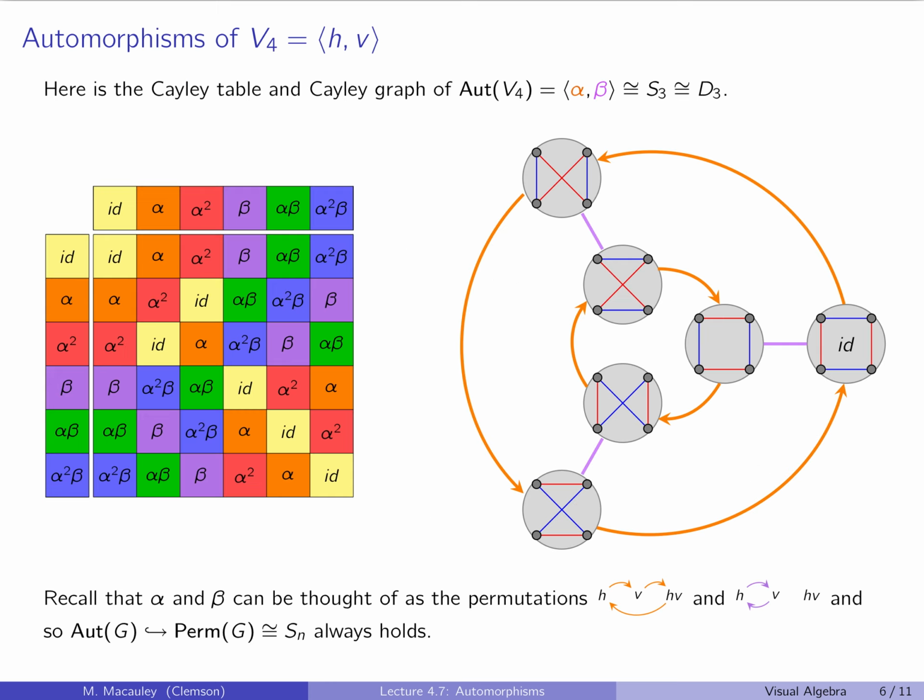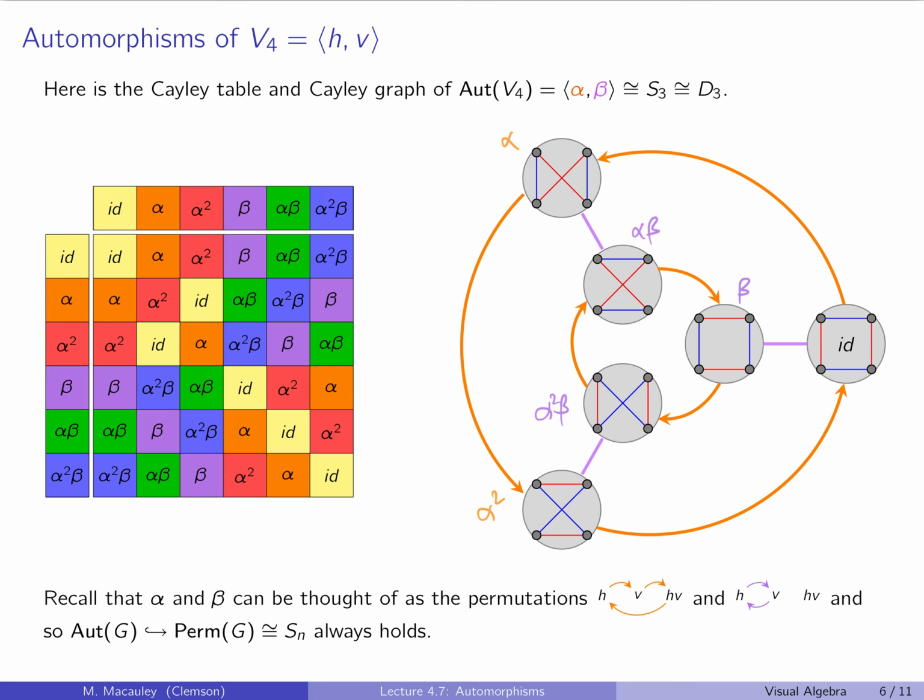Here is the Cayley table and Cayley graph of the automorphism group of V₄ that I just showed you on the previous slide. So this is alpha squared. This is beta, alpha beta, and alpha squared beta. Once again, these are the corresponding permutations. It's better for you to just pause this and take a look at this.